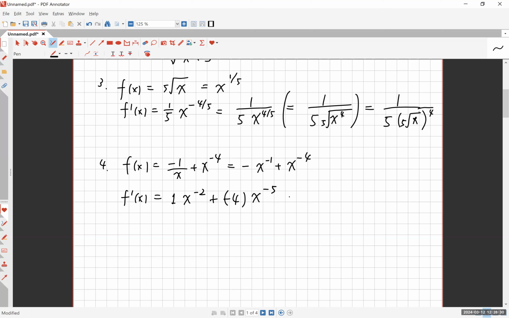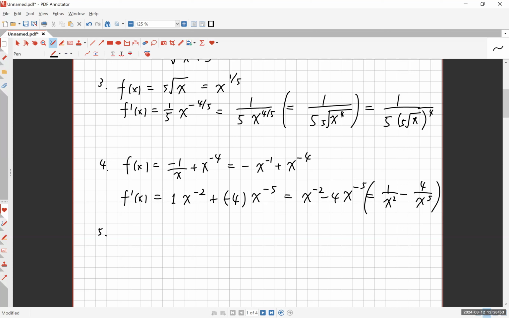That's -5. So you can write this as x to the -2 minus 4x to the -5. That is perfectly acceptable. You could also write this as 1 over x squared minus 4 over x to the 5th. Again, either one of these would be okay.